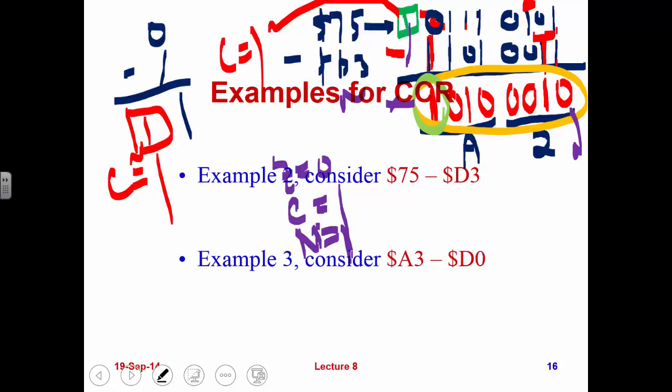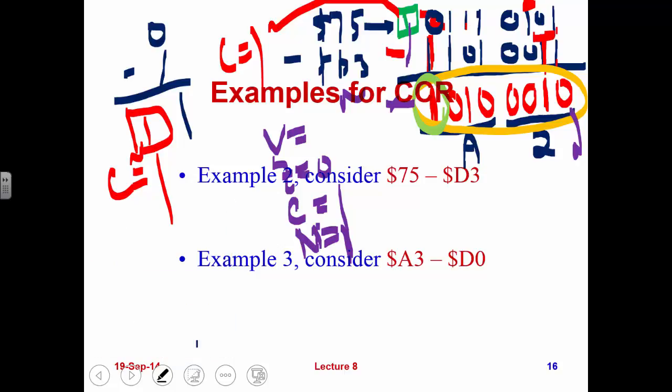But let's check the flag bit V. Here we do subtraction. Last time I mentioned what type of operation makes the overflow bit 1. For subtraction, similar to addition, there are two cases.